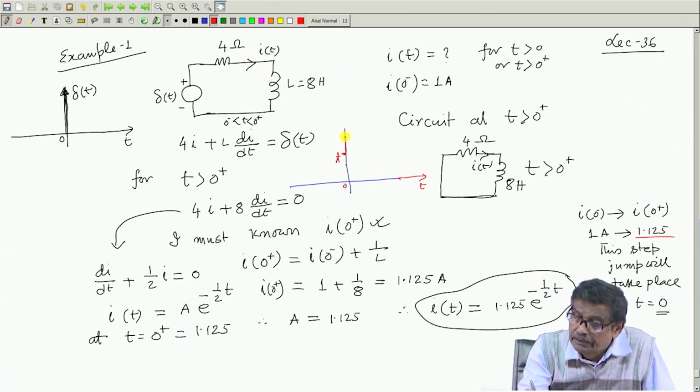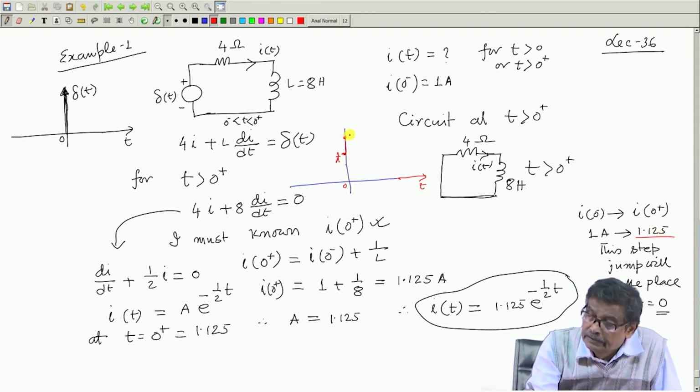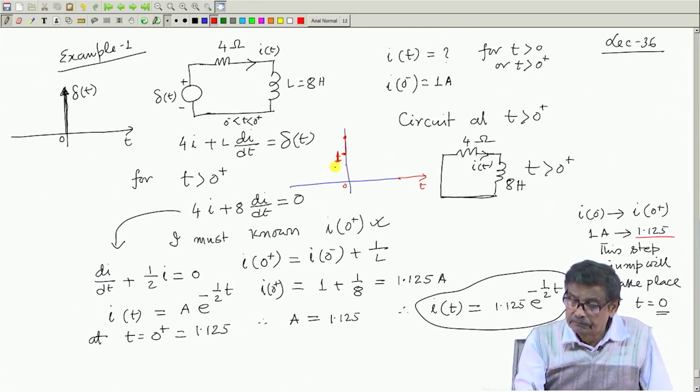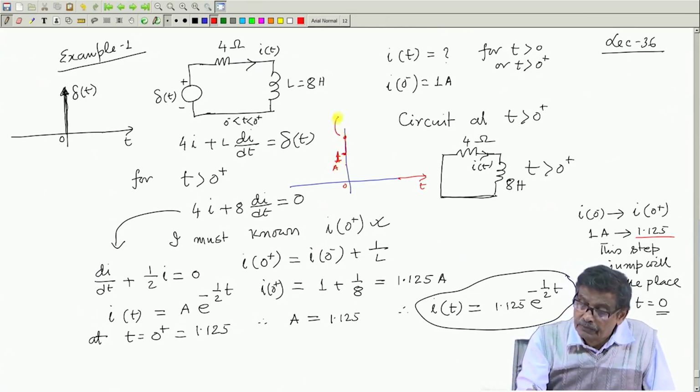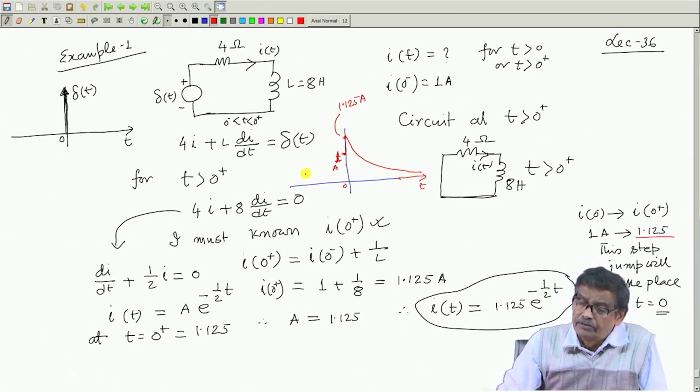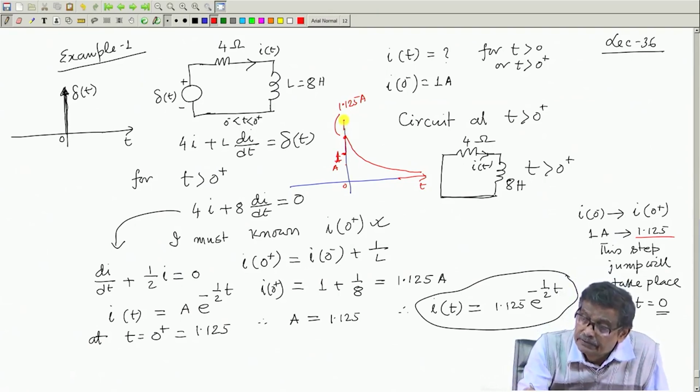So, in no time it goes there. This is 1 ampere, it now goes to 1.125 ampere, and then of course, it will decay like this. Decay of current, this axis is your i(t).